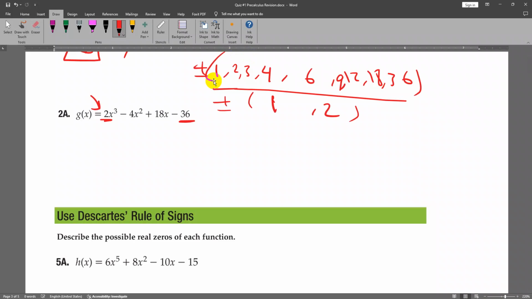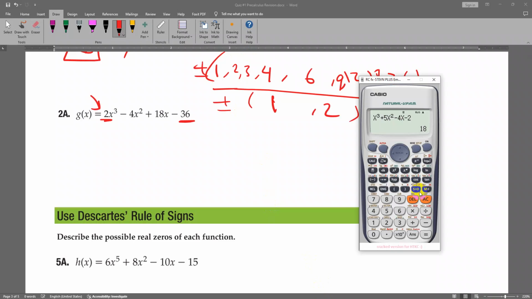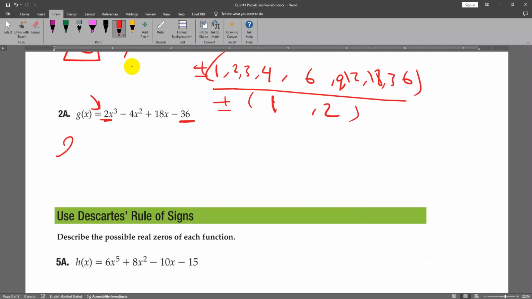Okay, let's write the function and try it. It's 2x power 3 minus 4x power 2 plus 18x minus 36. Okay, and right now let's calculate it at 1, at -1, at 2. Yes, 2 is a zero. Okay, let's continue.